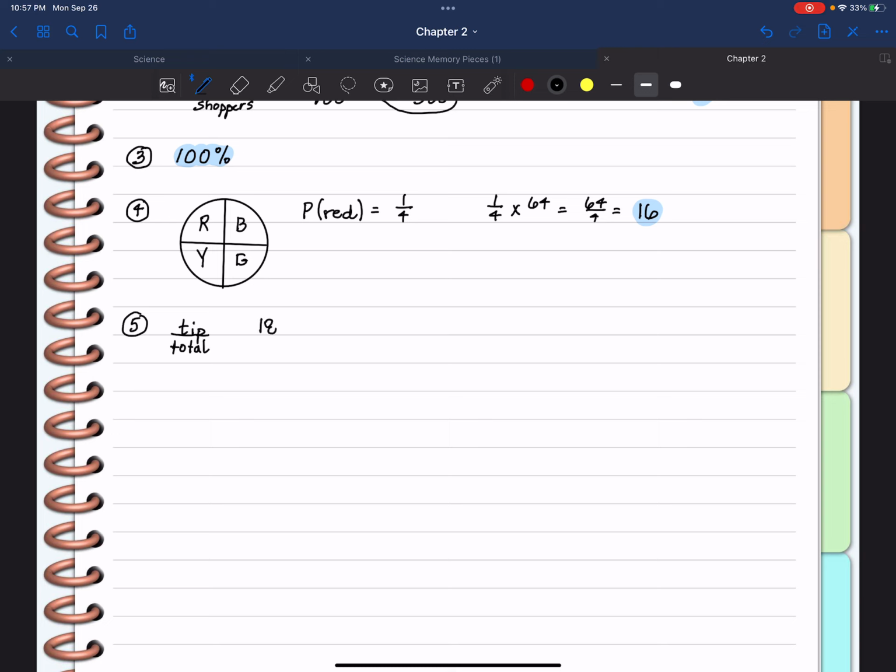So 18%, that's 18 over 100. And the total bill is $45. And they've used the letter X there for the placeholder. So I like answer C. That matches what I did in my proportion.